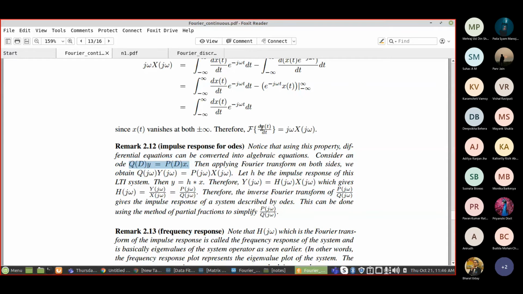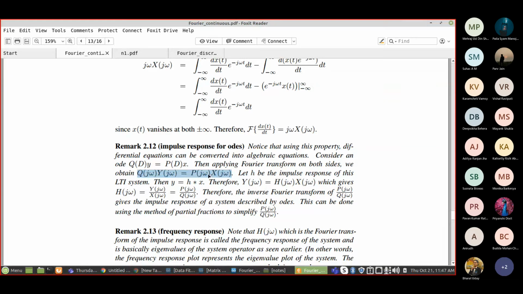Using this differentiation rule, you can apply this repeatedly. This is just one differentiation, but you can do it n times, and this j omega to the power n factor will come out each time.